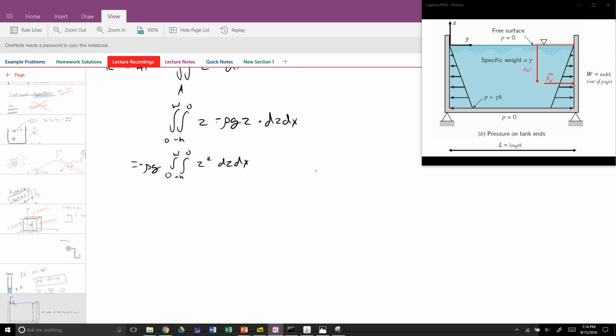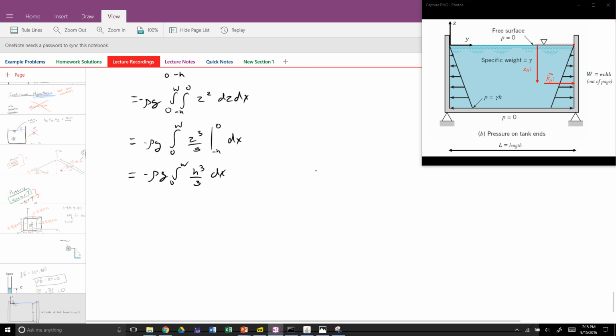And so let's go ahead and evaluate this integral to get rho g 0 to w z cubed over 3 from negative h to 0 dx, which will give us negative rho g 0 to w h cubed over 3 dx.